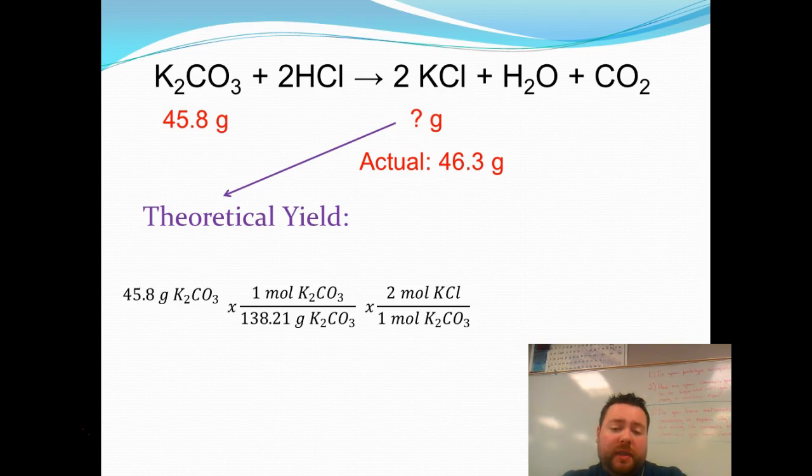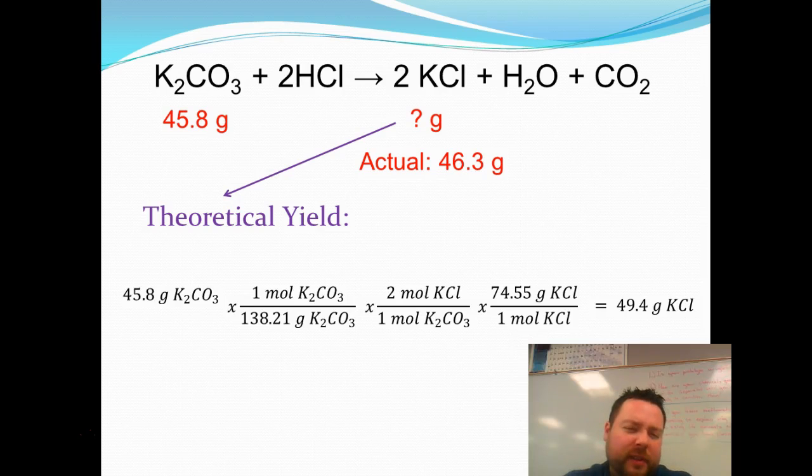Now we're in moles of potassium chloride, but we really need to be in grams. So we do the same thing that we did in this step over here, which is use our molar mass or formula weight. And we're going to put that in, and now we can just calculate across and determine that we have 49.4 grams of potassium chloride as our theoretical yield.